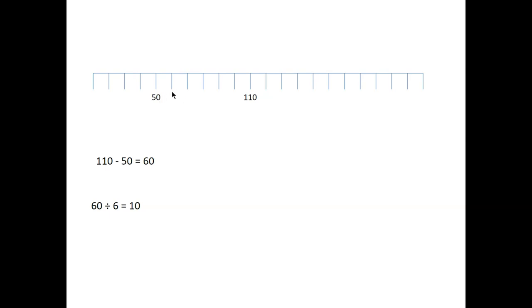So 50 plus 10 is 60. 60 plus 10 is 70. 70 plus 10, and so on. And beyond the number that was written there, we can keep going with our number line all the way up. And 50 minus 10, 40, below 10, 30, another 10 off, 20, 10. So we complete this scale.